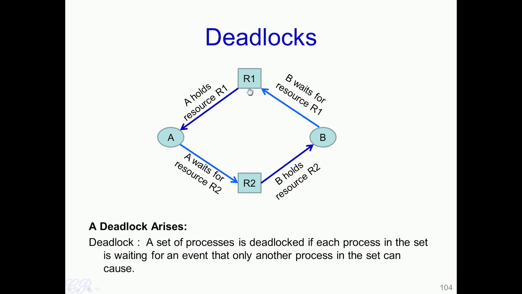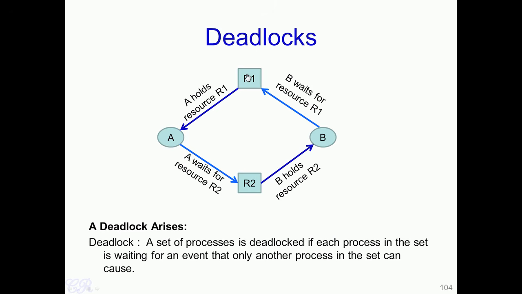To take an example, process A has opened a particular file stored on the disk, and at the same time it wants to print the file using the resource R2, which we assumed was a printer. In a similar way, process B is currently using the printer, and it wants to open and utilize the resource R1.